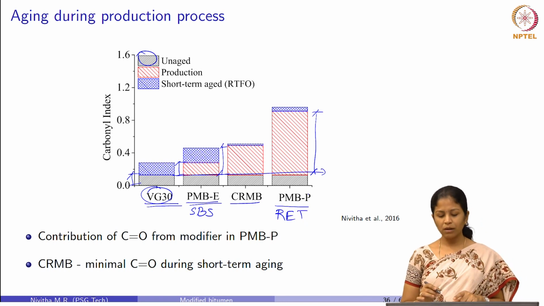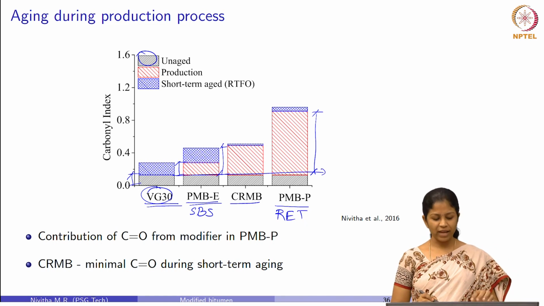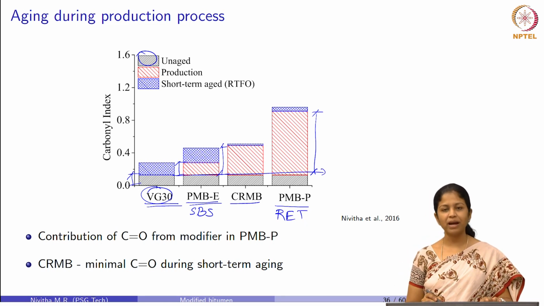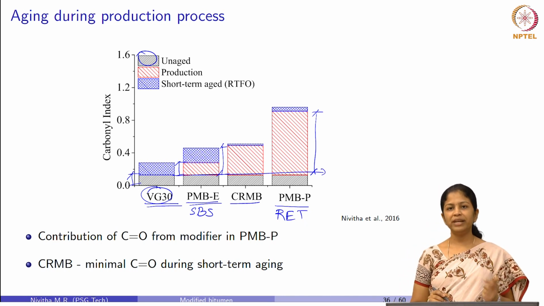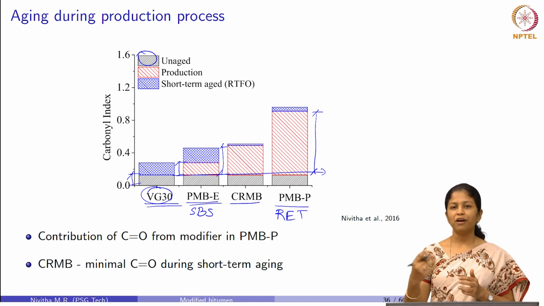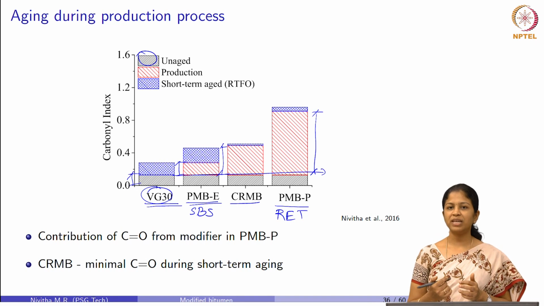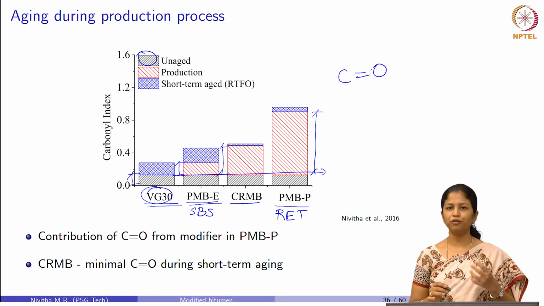Now, can we conclude that there is an increase, say for example from 0.18 to 1, can we attribute this increase completely to the oxidation during the production process? No, because we need to take into account the contribution of carbonyl compounds from the modifier. So, we have seen the composition of reactive ethylene terpolymer. We saw that it is composed of a lot of C double bond O functionalities.